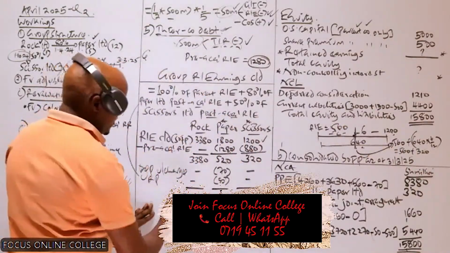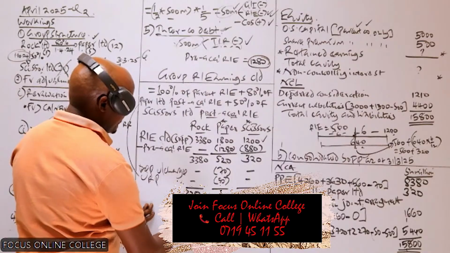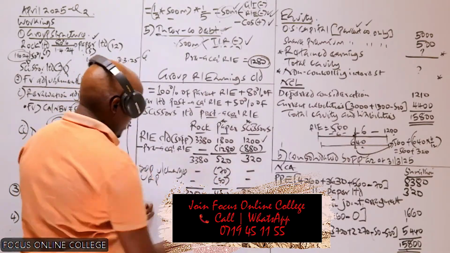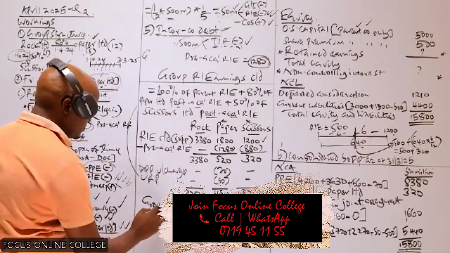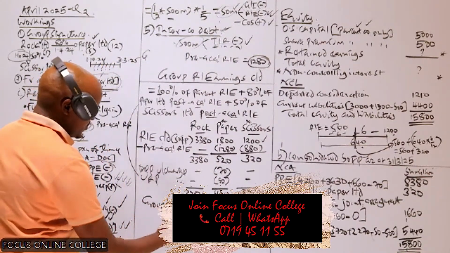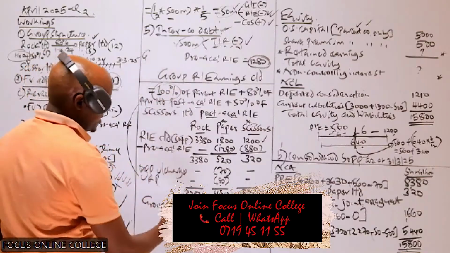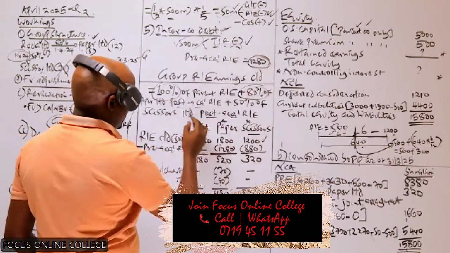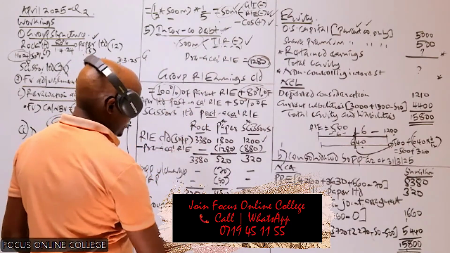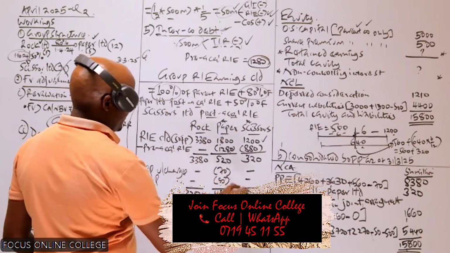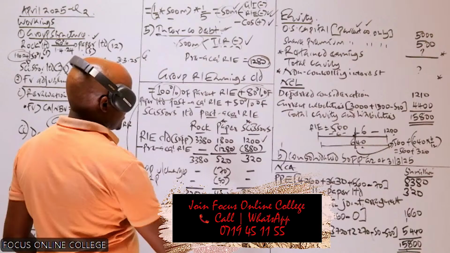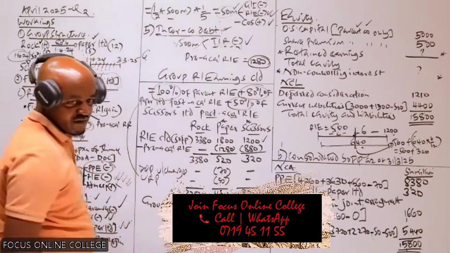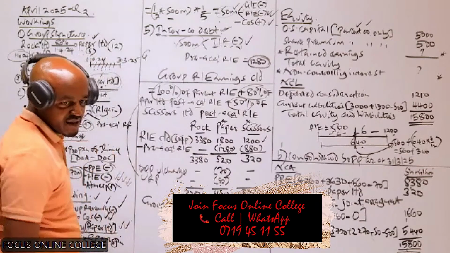So we need to get the final figures. That is 380. This one 2400. This is 320. And then we get the group share of this. We apply now these percentages. For the parent we take 100, for Paper we take 80, and for this company, that is the Scissors, we take 50%.